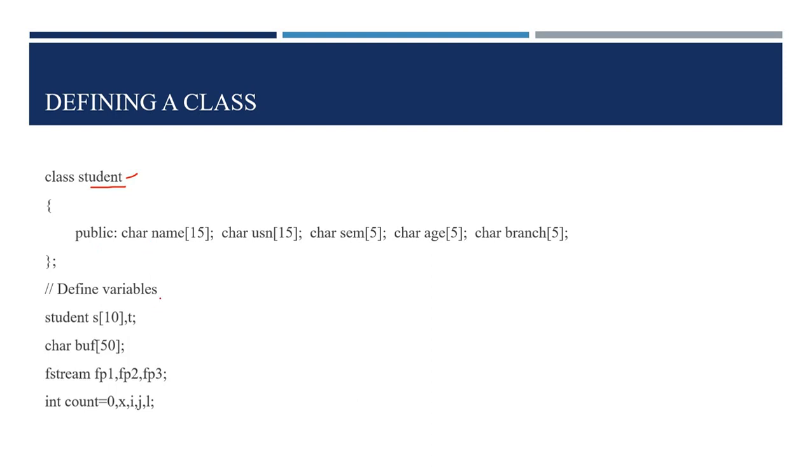Apart from this, we also need to declare some variables like a student buffer to store temporary memory, as well as the file stream pointers fp1, fp2, fp3, which are connected with the student text file, index file, and the secondary index file.